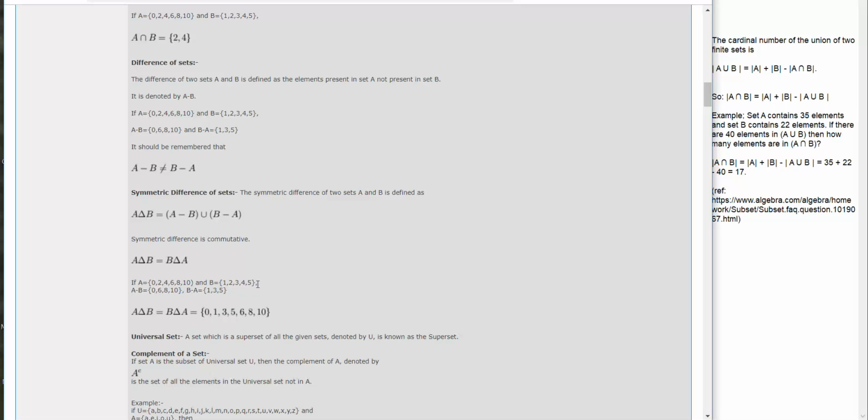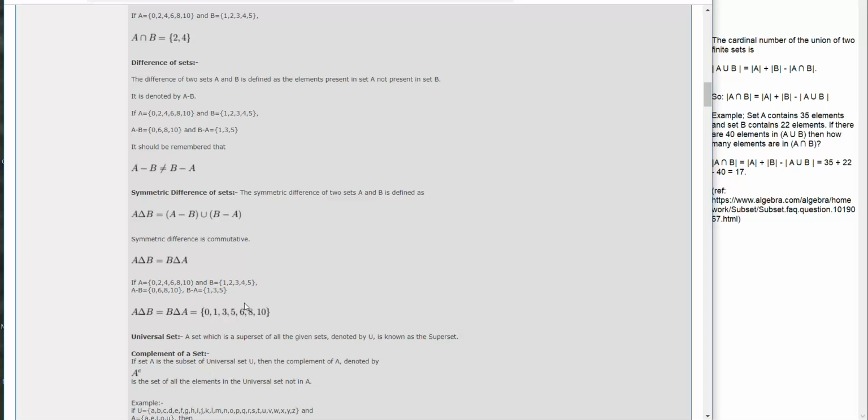You eliminate all the elements in B that exist in A, so 1, 3, 5 is what's left. So the union of these two is 0, 1, 3, 5, 6, 8, 10.